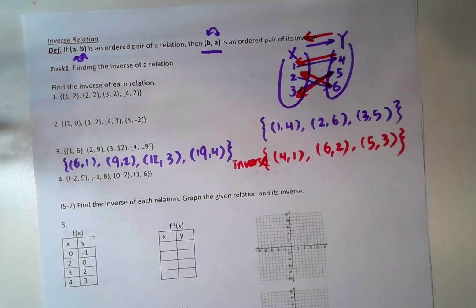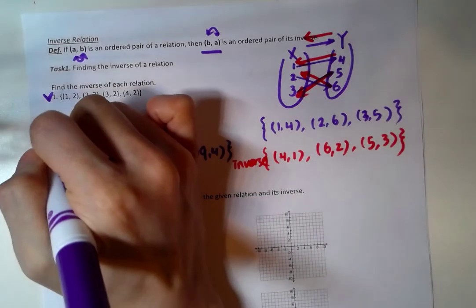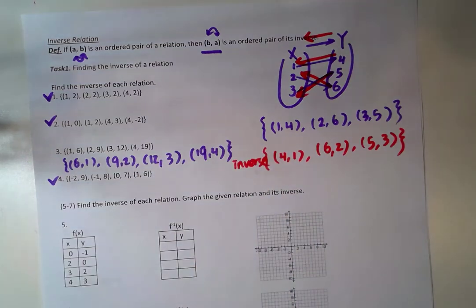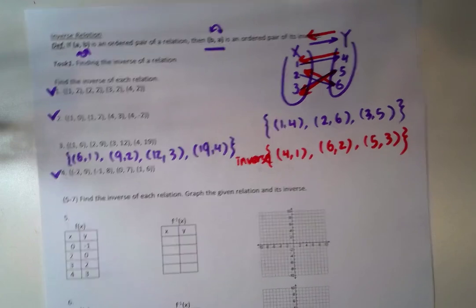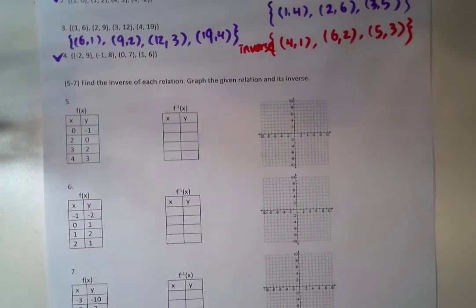Like this. Easy. So you do 1, 2, and 4. Okay? No questions so far, right? I'm 100% sure.